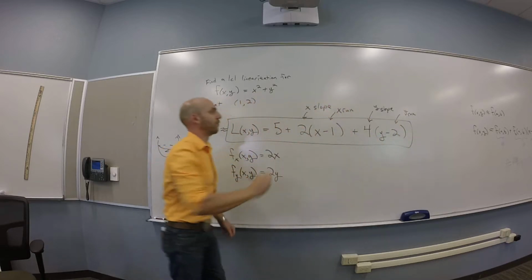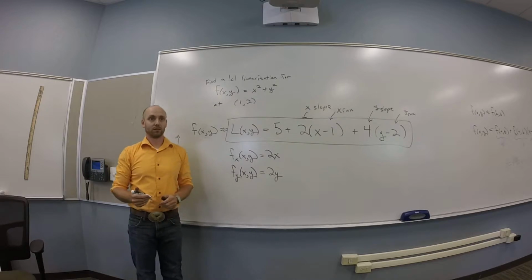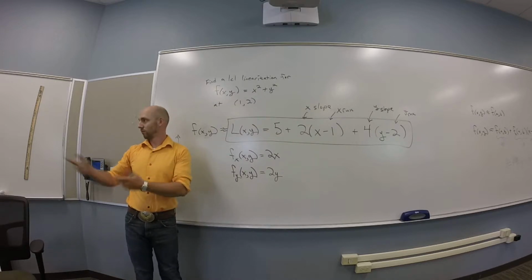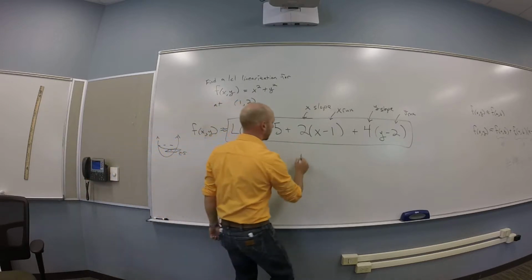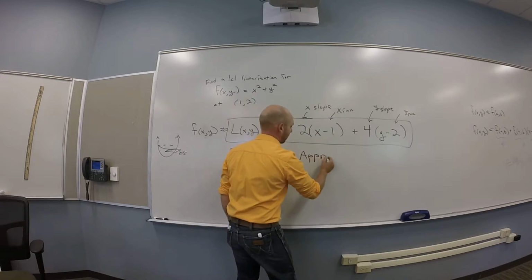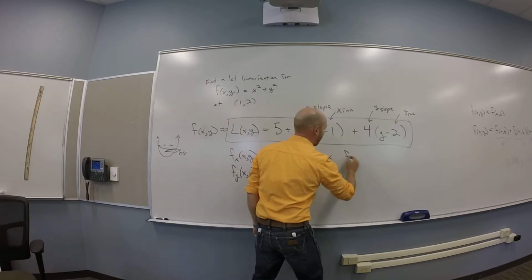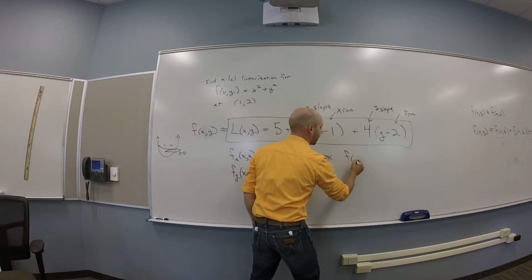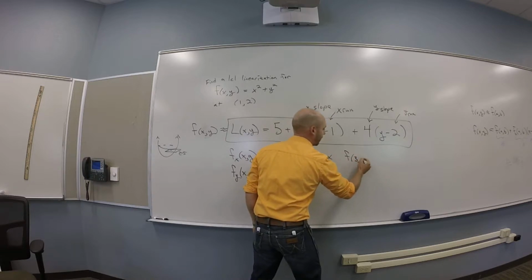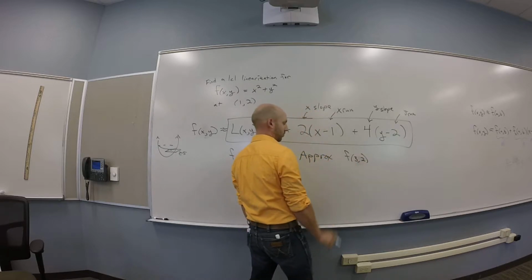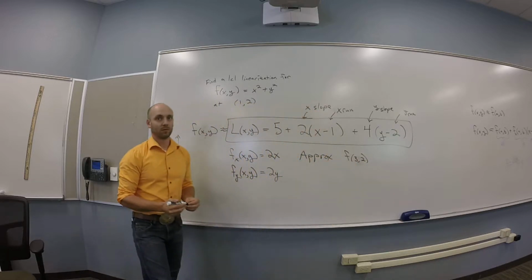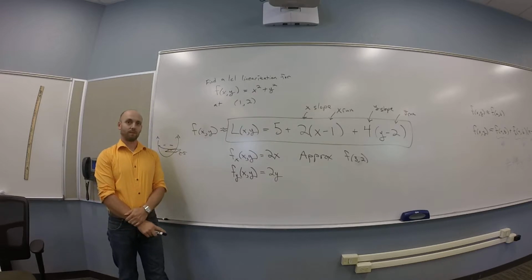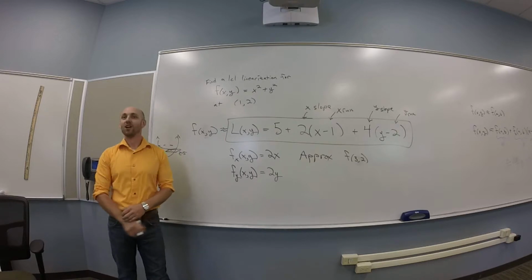What could I use this for? An approximation of the function at 1 and 2. Yeah, we could approximate something. So let's approximate f of 3, comma 2. Yeah, it's probably easier to put it in the original one.